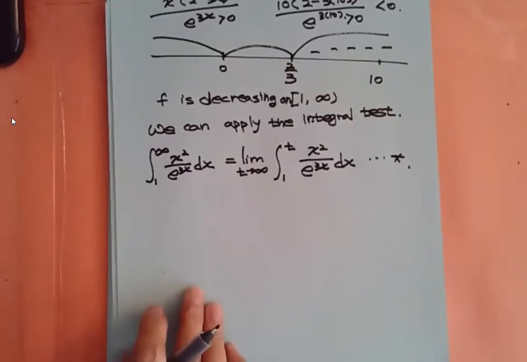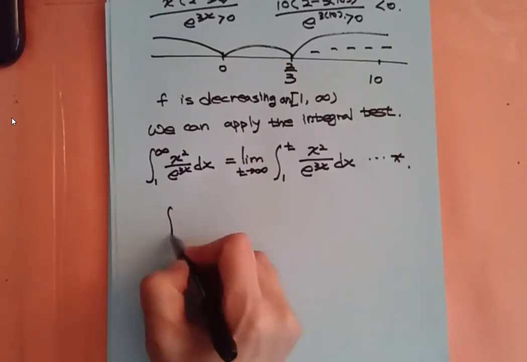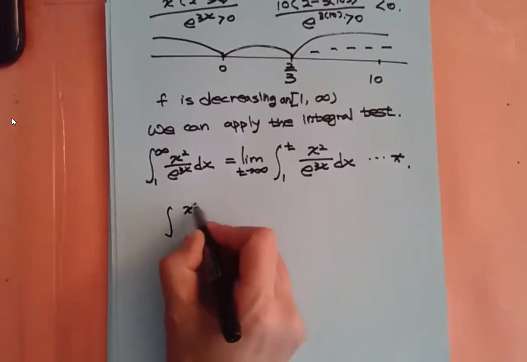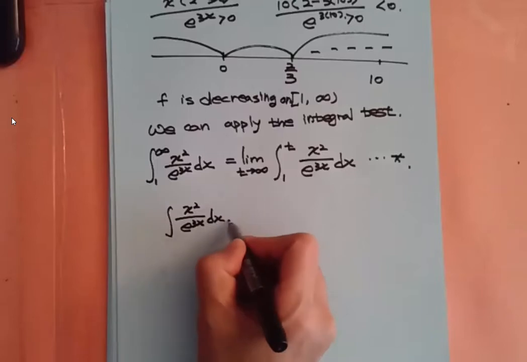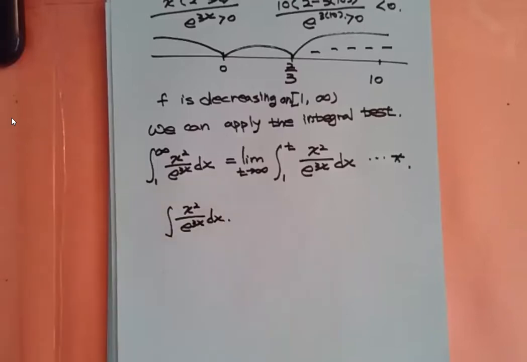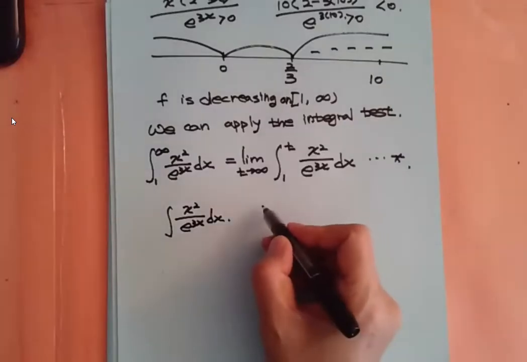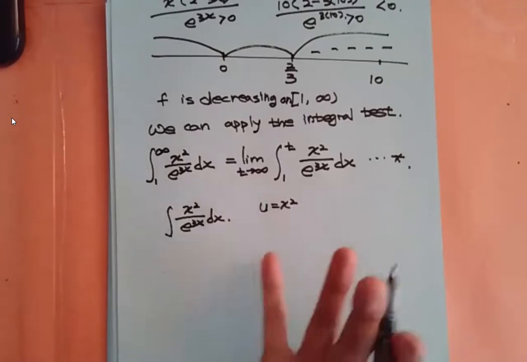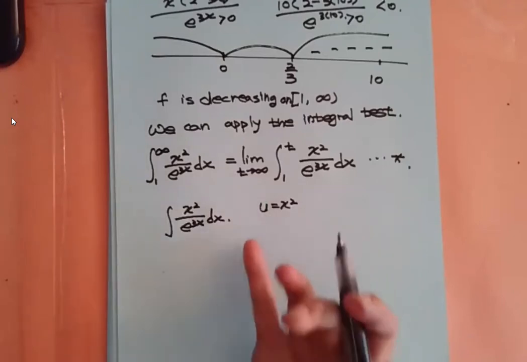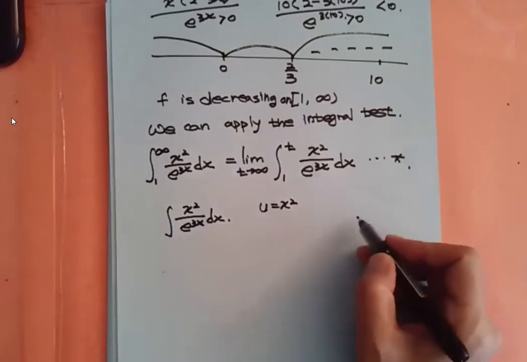So right now, what we want to focus on is the integral of x squared over e to the 3x dx. We will apply integration by parts by putting u equals x squared, because x squared will become simpler when we differentiate.